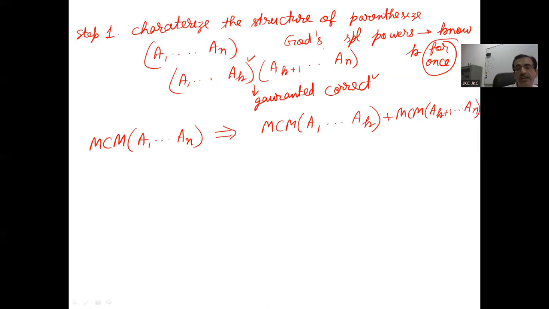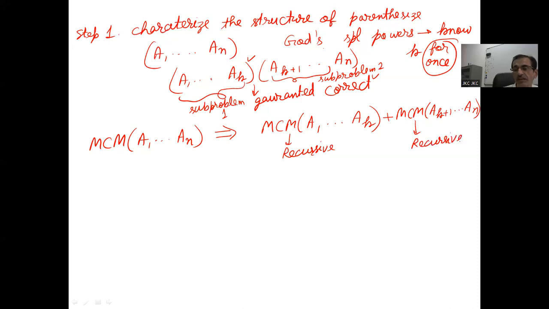So this is sub-problem 1 and this is another sub-problem. I'm able to divide my solution through some special powers into two problems. This can again be recursive, so I assume the way I solved earlier, this will be solvable again.